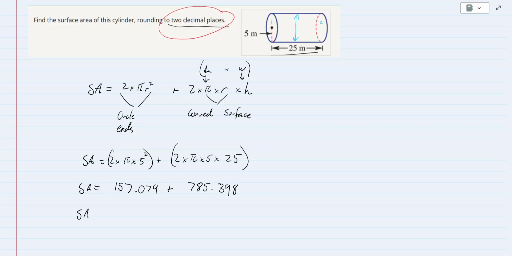You get 942.477. So then rounding to two decimal places is 942.48 meters squared. And that is how you calculate the surface area of a cylinder.